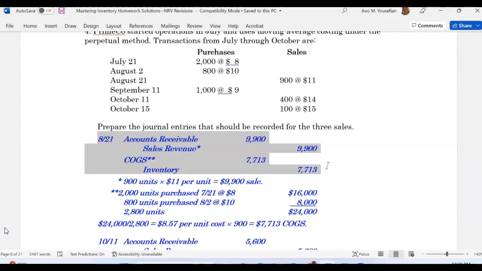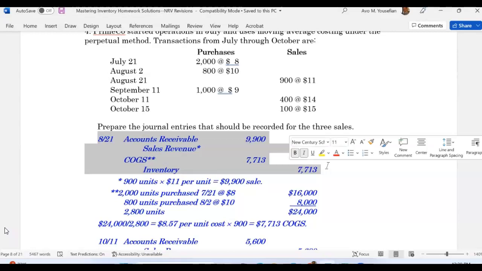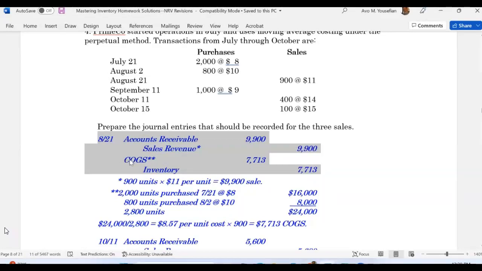So you debit accounts receivable, credit sales, and then the second journal entry: debit cost of goods sold for whatever the dollar amount is, and credit inventory. Cool? That's the journal entry.